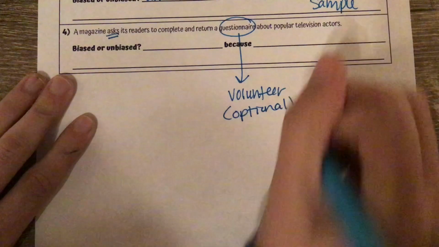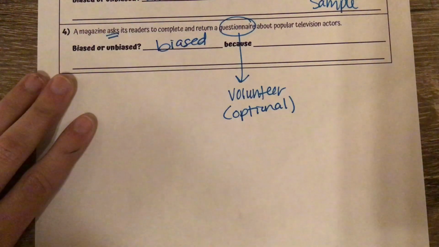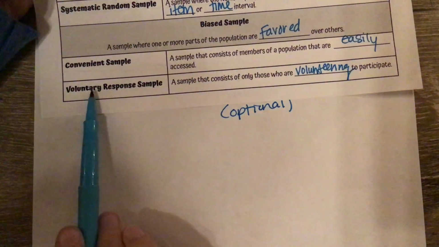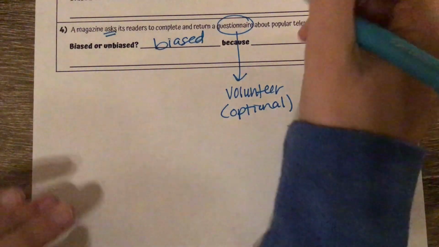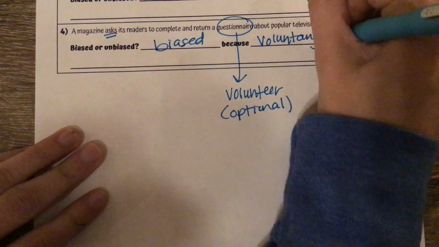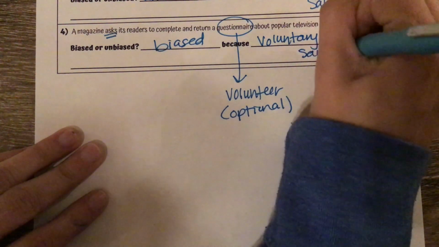They do not have to do it, which means it is biased. And specifically, when it's optional, they can choose, they can volunteer to participate. That's the voluntary response sample. And that is it.